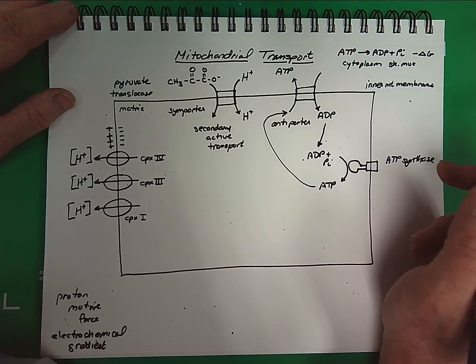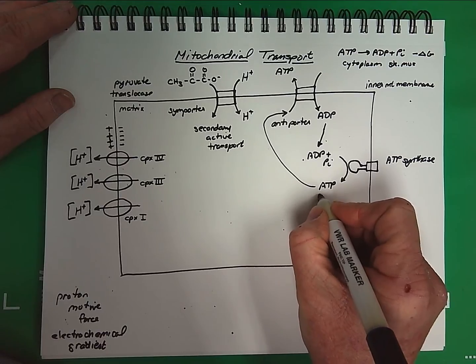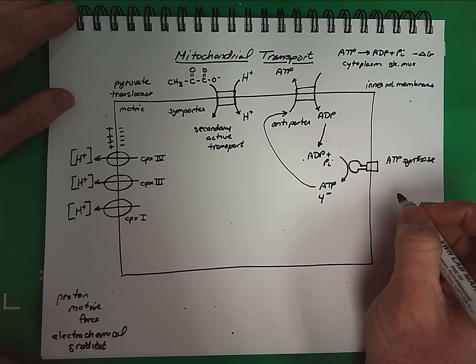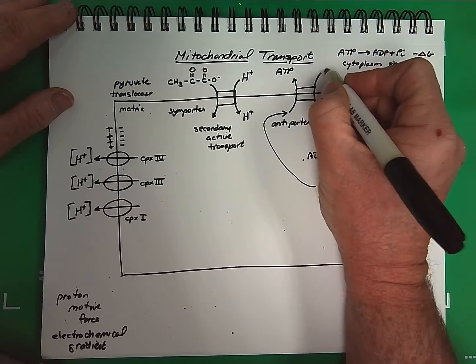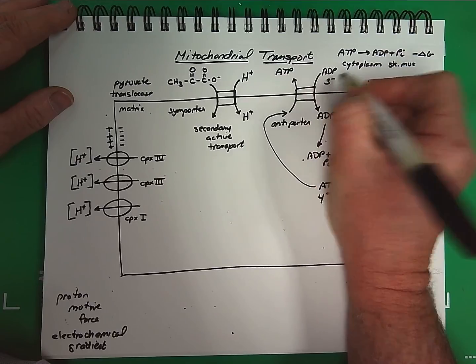Now the other thing that drives this process is recall that ATP has 4 negative charges. ADP has 3 negative charges.